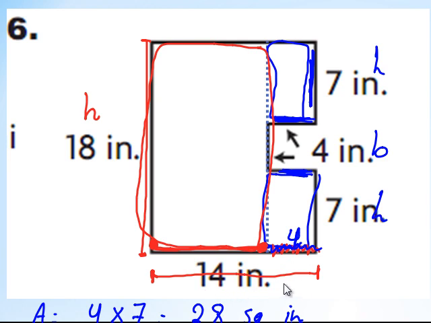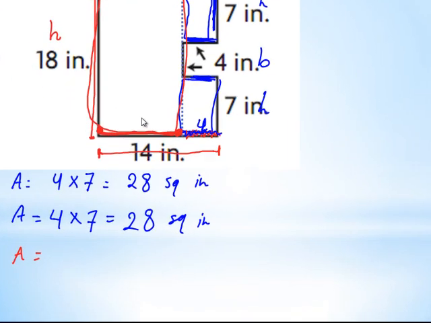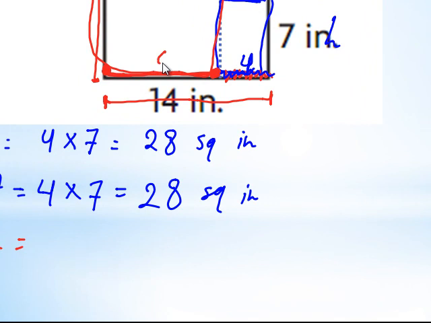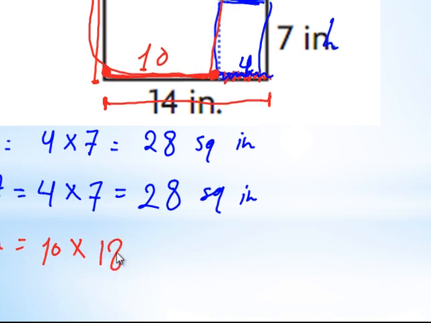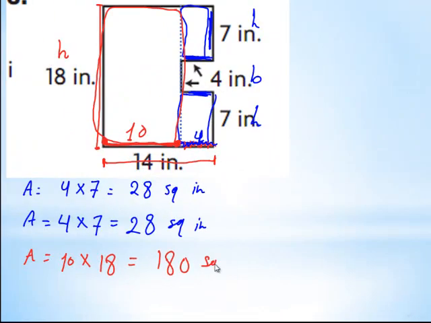So 14 minus 4 equals what? 10. Great. The third area equals base times height, which is 10 times 18. 10 times 18, 180 square inches.